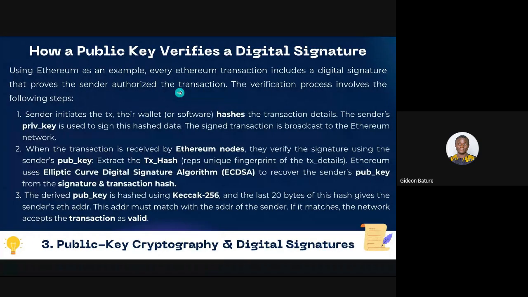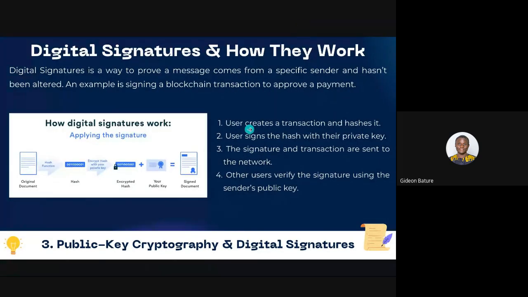Now let's look at how they will be able to use your public key to verify, because once you send a transaction, it will not just go and land on the blockchain. There are people that will have to verify whether truly that signed transaction you sent is truly your own or not.